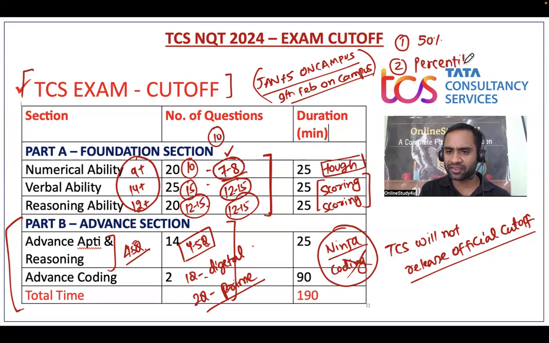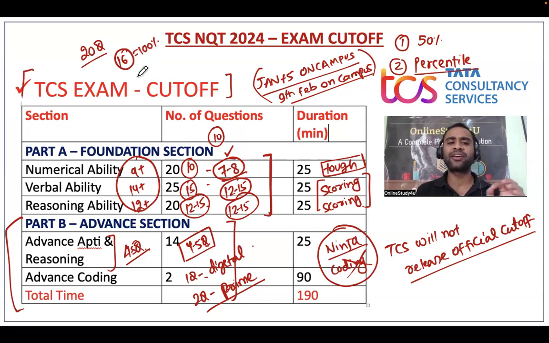Percentile means, I will tell you, suppose in numerical ability there are 20 questions in total, right? And out of, suppose, 1 lakh students who appeared, the one student who scored highest has 16 marks. Now your 100% will be equal to 16. So if the cutoff is 50%, then you have to solve only 8 questions, not 10. So you need to understand the difference between percentage and percentile.